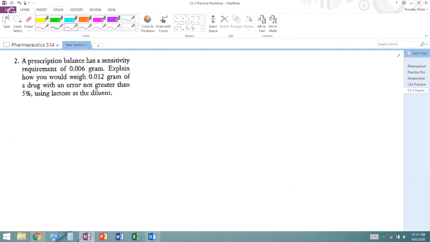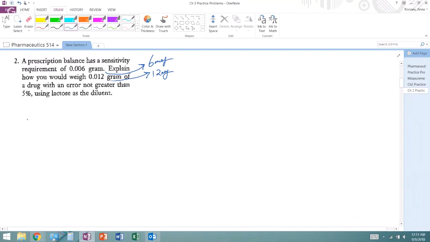So the first problem I have with this is that I would change everything to milligrams. So that becomes 6 milligrams, and this becomes 12 milligrams because we multiply it by 1,000, because for every 1 gram, there are 1,000 milligrams. And so that makes it much easier to handle.